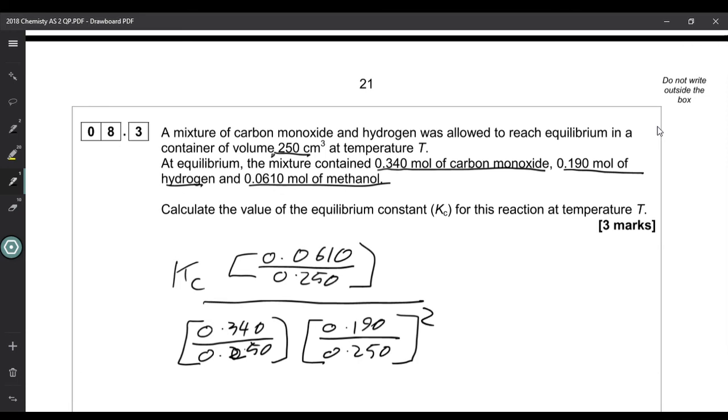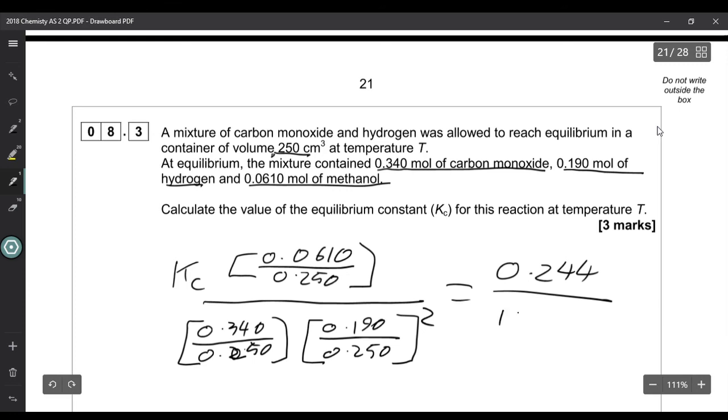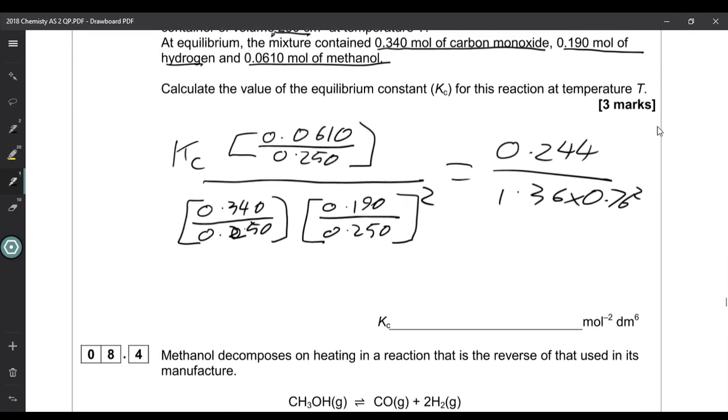So that gives us a value of 0.244 divided by 1.36 times 0.76 squared, to give us a final value of 0.311.